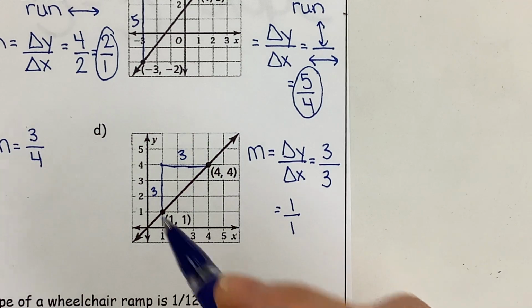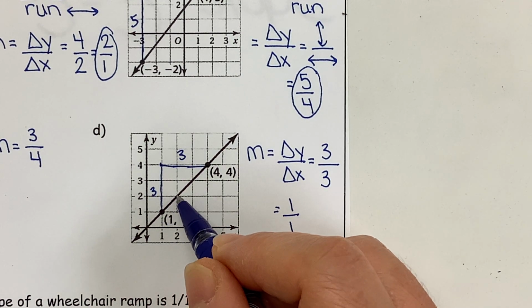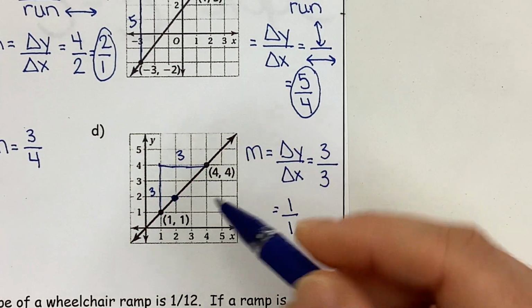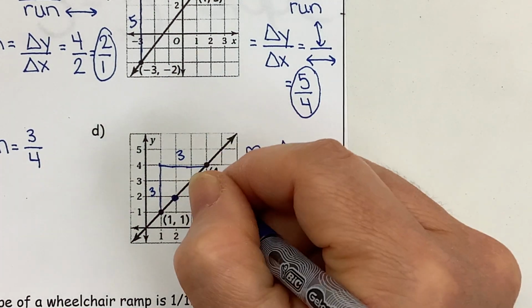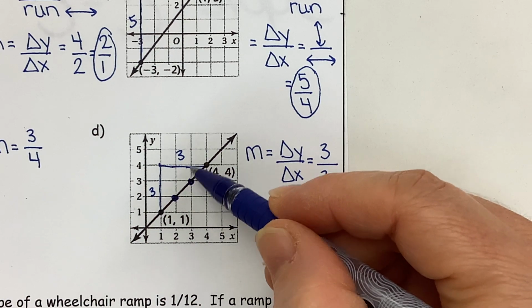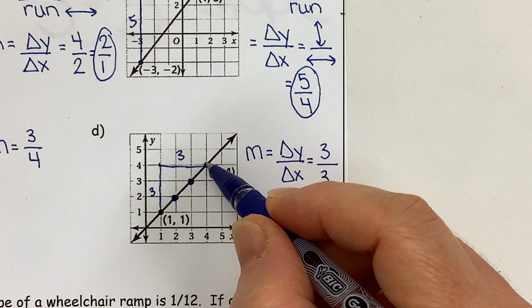You can see if you look here, if we were just to rise 1 and run 1, we would be able to put a second point on our graph. And if we did it again, rise 1, run 1, we could put a third point on our graph. And if we were to do it again, rise 1, run 1, we could do another point on our graph.